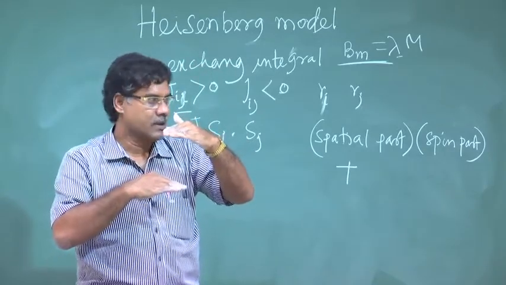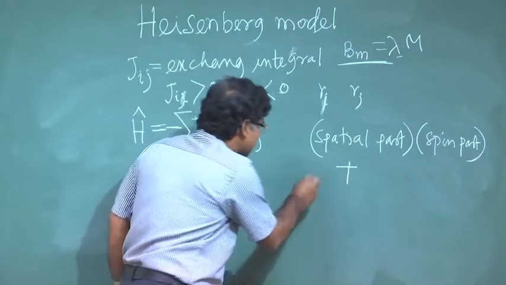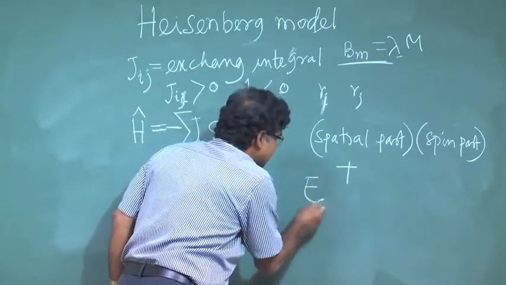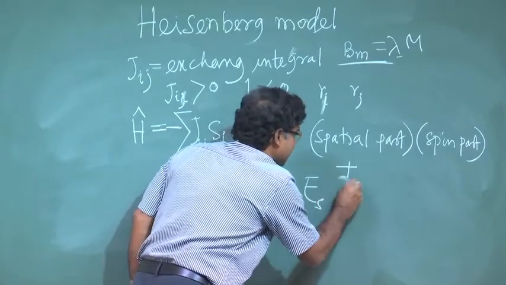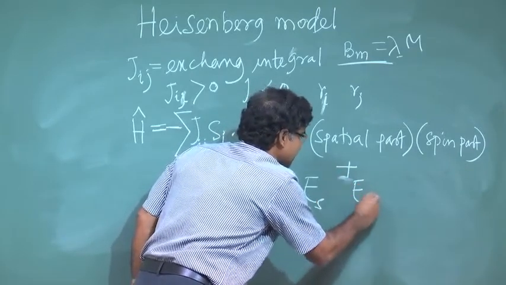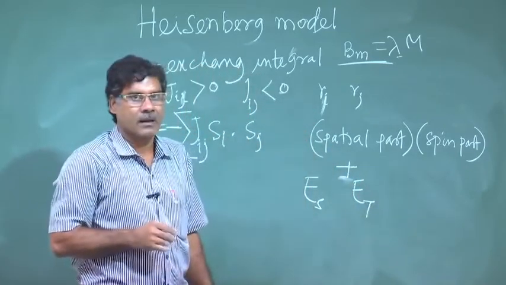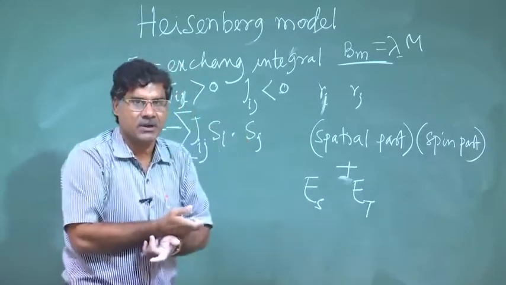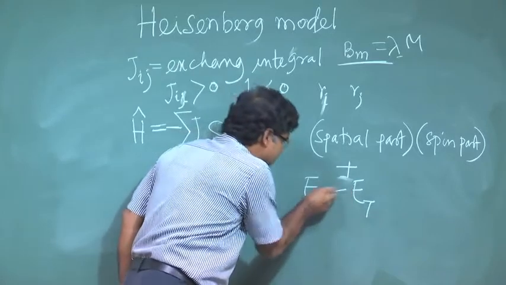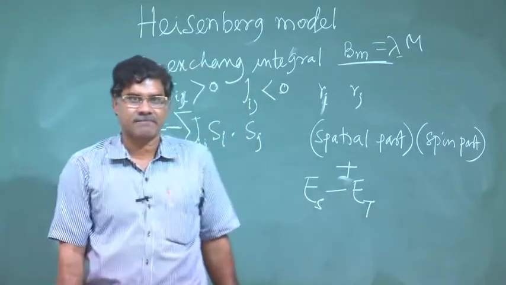If the energy for the singlet state is Es and for the triplet state is Et, then for an exchange between singlet and triplet, one has to overcome this energy Es minus Et.